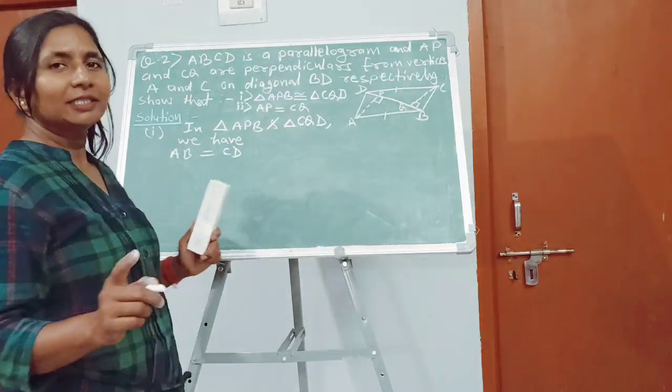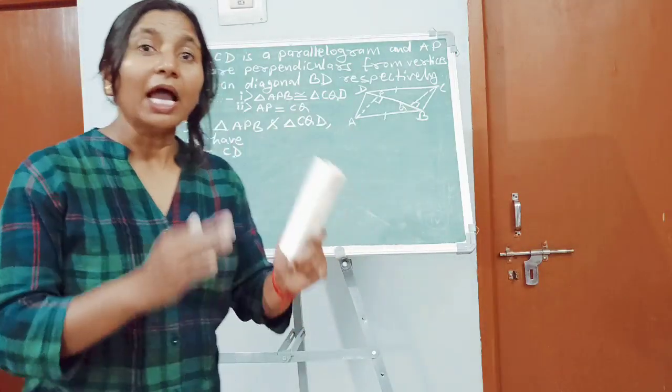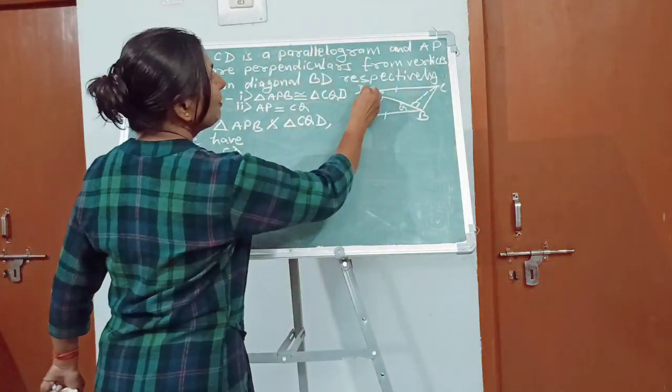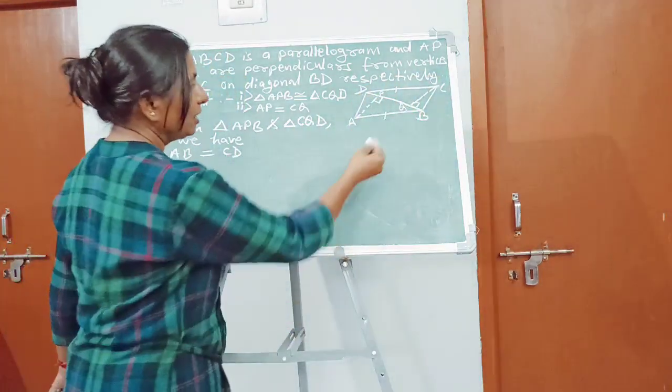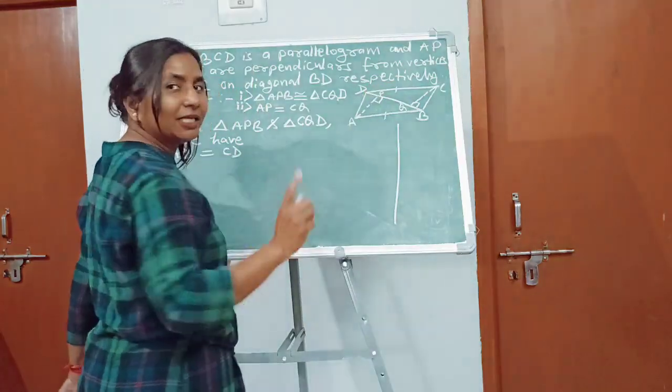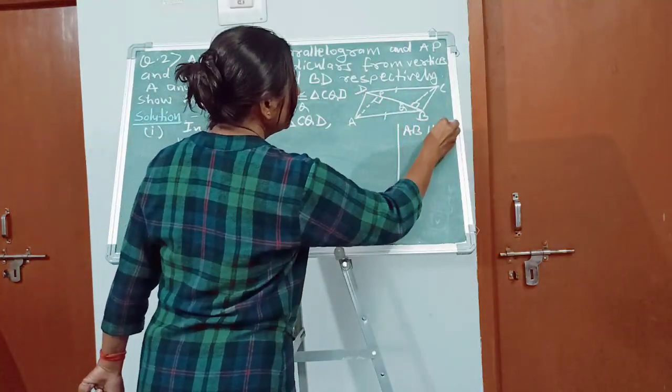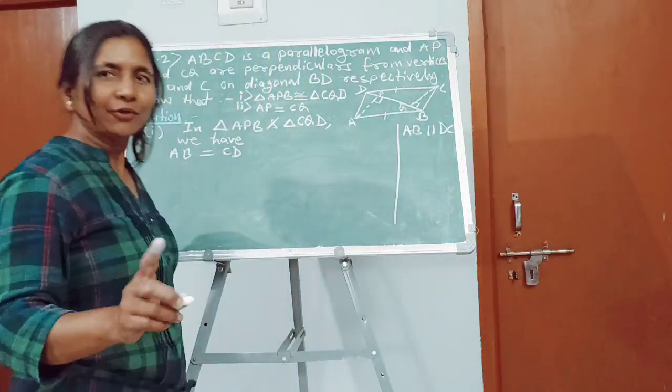Second one, let us see. Since ABCD is a parallelogram and opposite sides of parallelogram are parallel, AB will be parallel to DC. Are you getting?